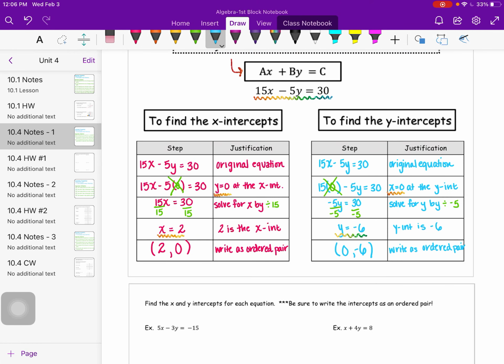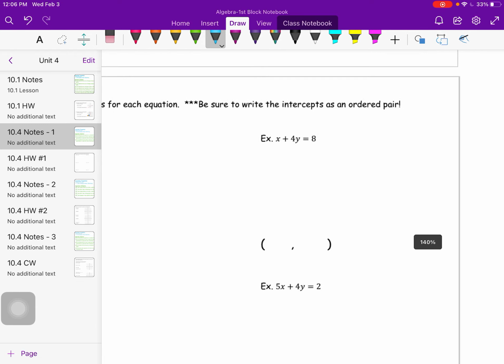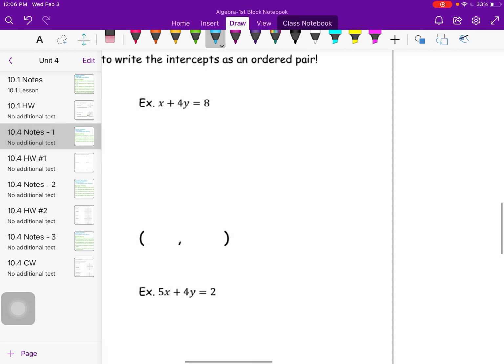All right, let's look at an example. My notes are going to have everything filled out, but I really just want to go through one or two examples in the notes. So let's start here with x plus 4y equals 8. I'm going to find the x-intercept first, and you'll notice I'm not going to fill out every step like I did in the table above.